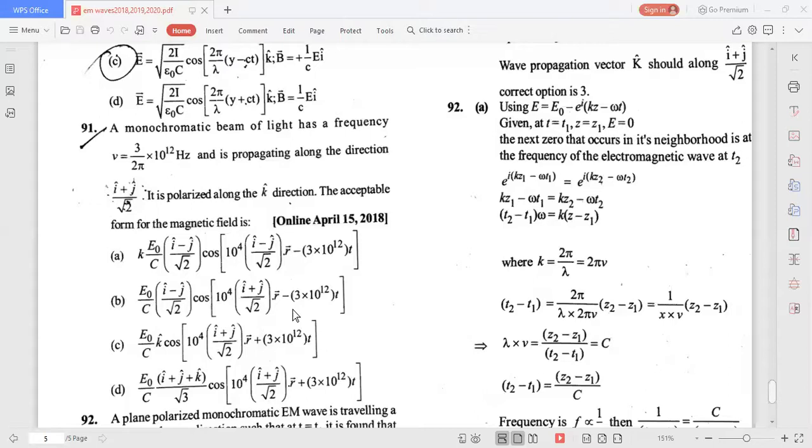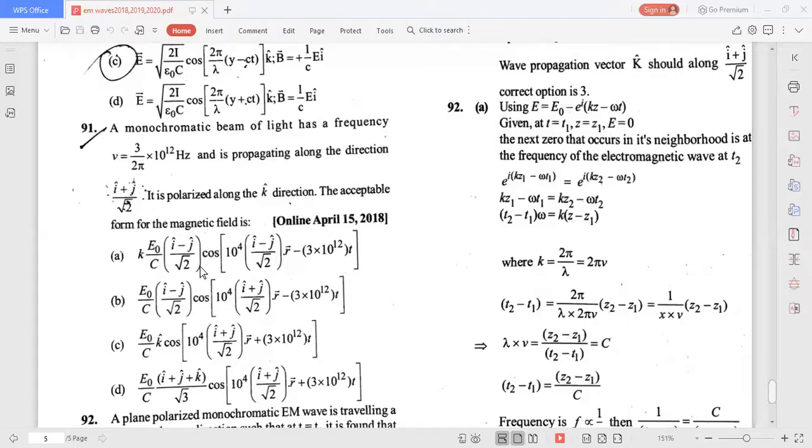Because the propagation of the light is along (I cap plus j cap) by root 2, what is the acceptable form of the magnetic field? We got B naught into (I cap minus j cap) by root 2 into cos something. Here B bar must be along (I cap minus j cap) by root 2. Previously we got the same problem. Okay, you do. Next.